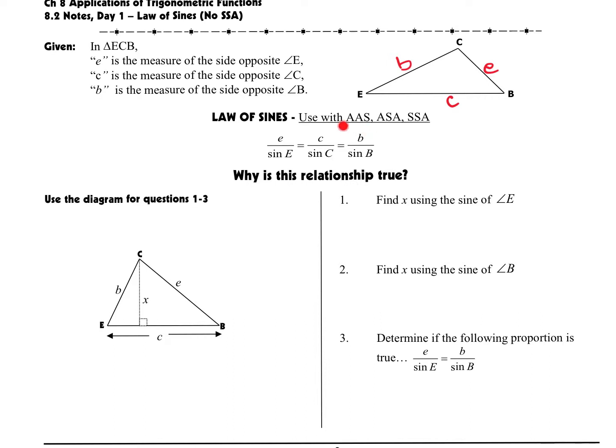So for example, here's our formula: e divided by the sine of angle E is the same as c divided by the sine of angle C, and b divided by the sine of angle B. That is going to remain consistent throughout the triangle, and that's going to allow us to find different parts. I will also note that sometimes you will see these ratios written the opposite way. Some books write the sine of the angle in the numerator and put the side in the bottom. Don't be bothered. All that matters is that you remain consistent when you write those ratios.